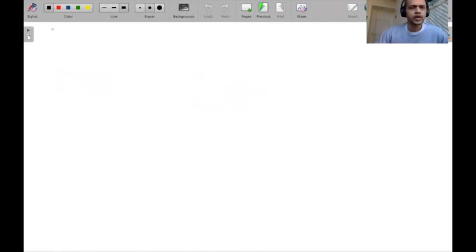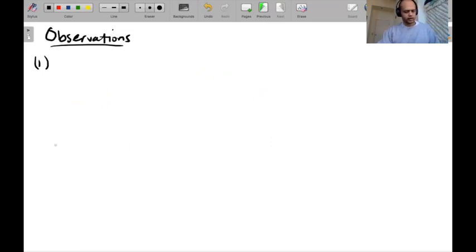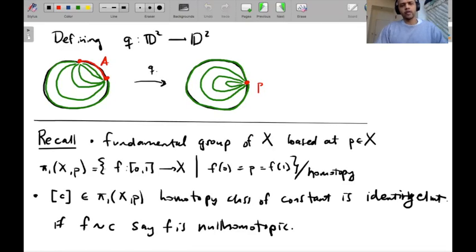A couple of observations, which are the main things that I'm going to explain today. The first is that, instead of thinking of the fundamental group as maps from the interval, we can think of the fundamental group as maps from the circle.